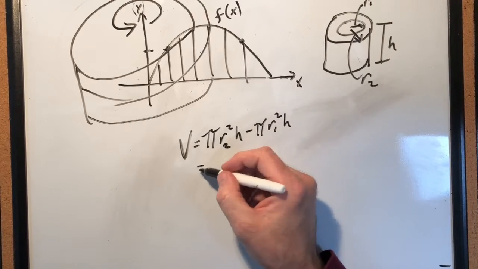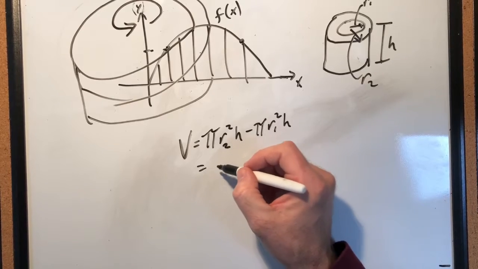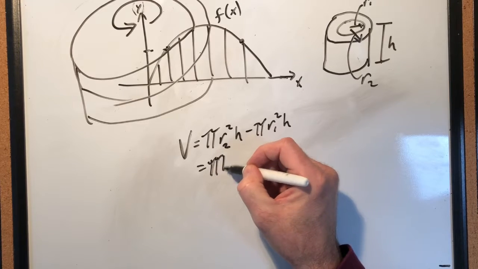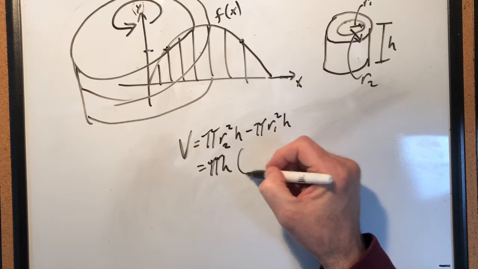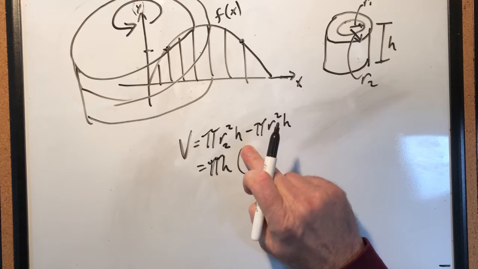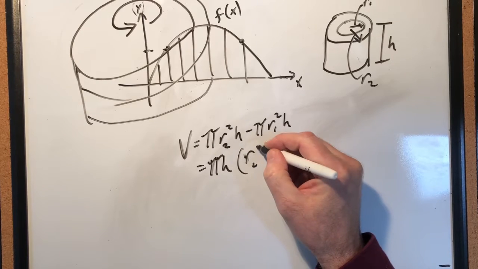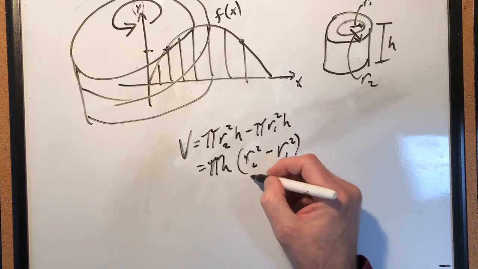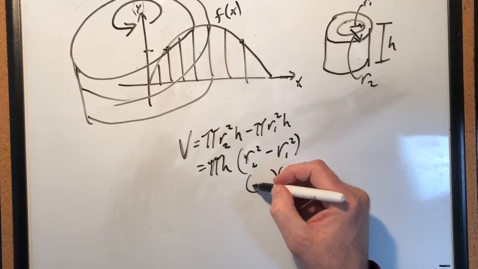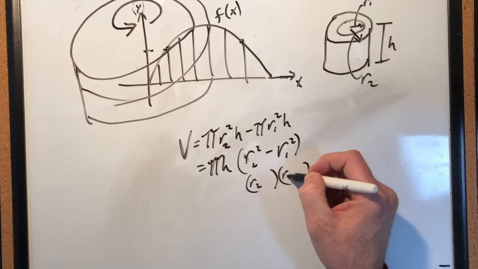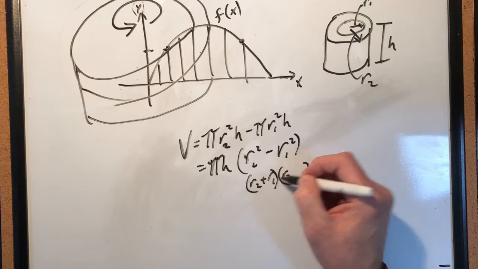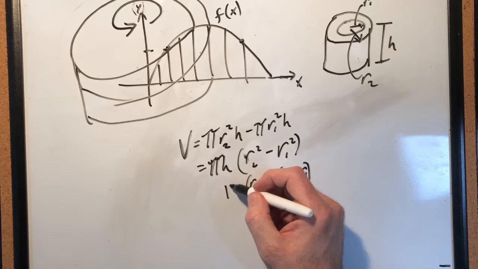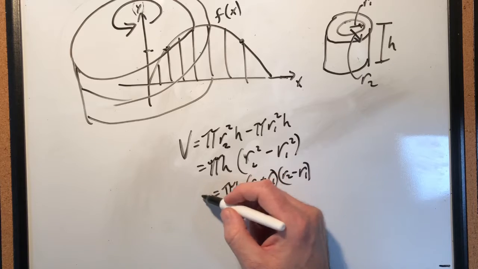Okay, performing a little bit of algebra magic, we can pull out pi h, and then we're left with R2 squared minus R1 squared. That can be factored: R2 plus R1 times R2 minus R1. And this is all times pi h, volume.